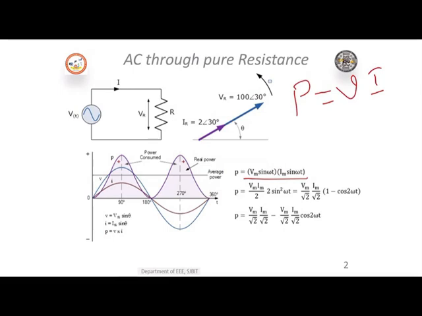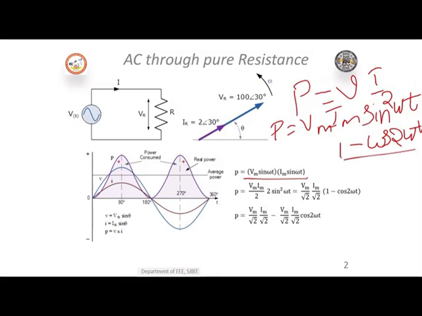So P will be equal to Vm Im sin omega t into sin omega t, which becomes sin square omega t. We can write sin square omega t in terms of cos as 1 minus cos 2 omega t divided by 2, into Vm Im.